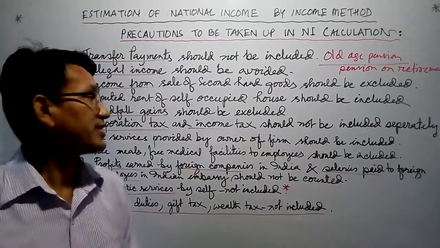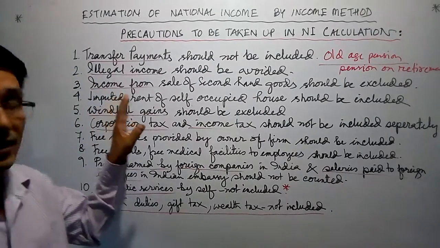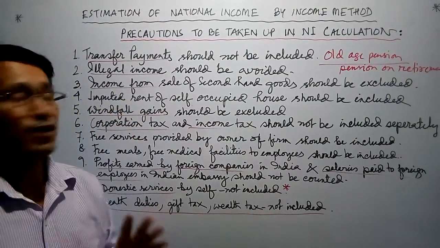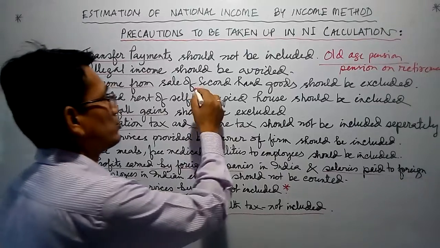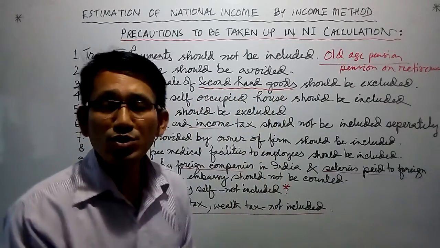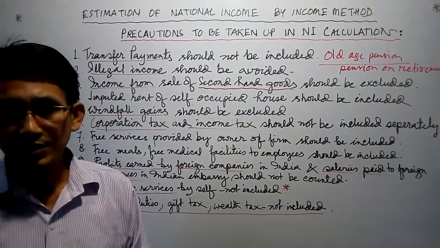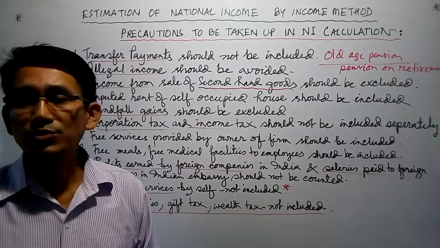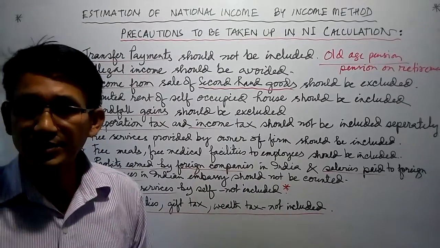So the next item is the income we get by selling second-hand goods. Whether it should be included or excluded in the calculation of national income.